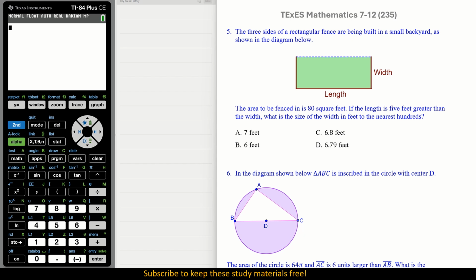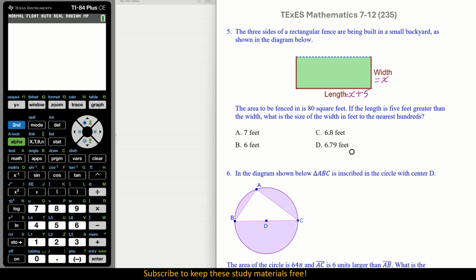Okay, so just for simplicity's sake, let's call the width x, and the length is going to be 5 more feet. So let's call this x plus 5. Okay, that's what our length is going to equal.